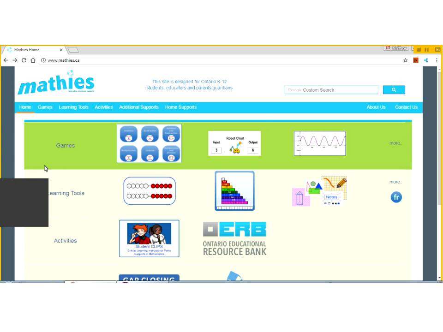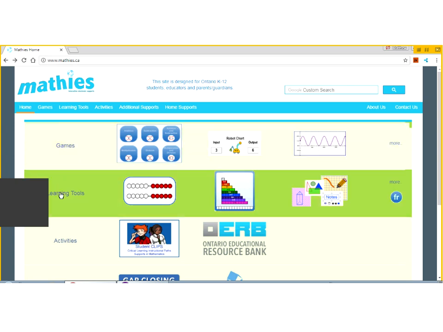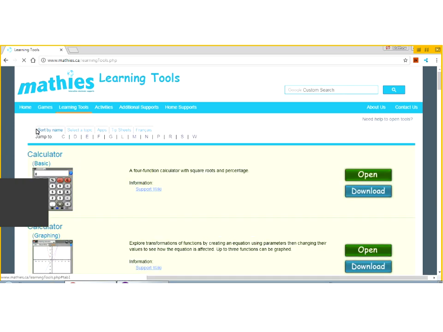But at the same time, I was attending meetings with Ontario math coordinators, and the developers of Mathies who were working with the province would come to the meetings and always share their progress. So a bunch of these tools I've seen in different versions, and they've steadily improved. There's a ton there. We're not going to do games right now, but there's a bunch for operations, integers, and some for fractions, definitely. Right now we're going to highlight some of the learning tools.